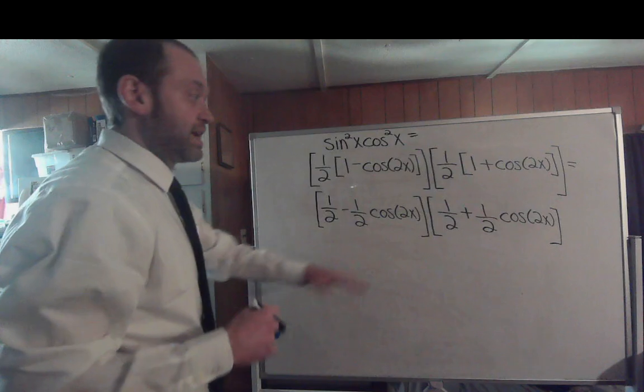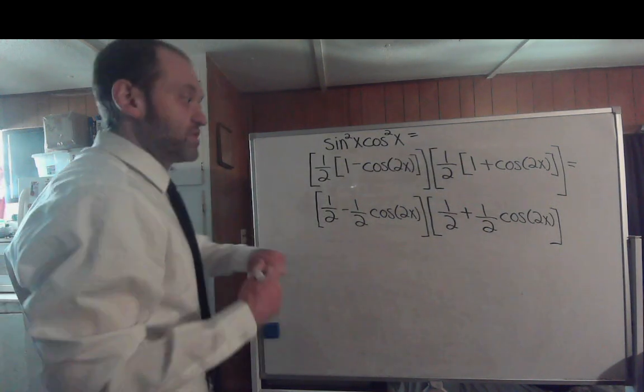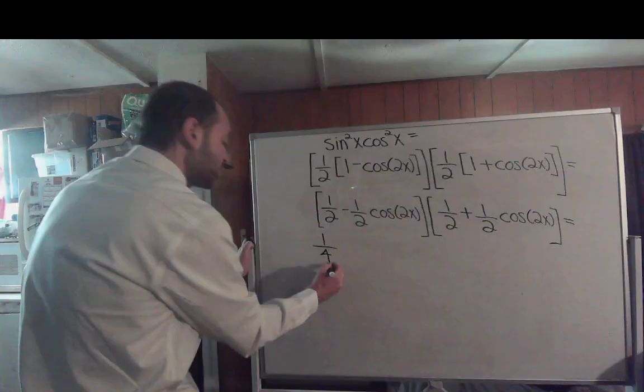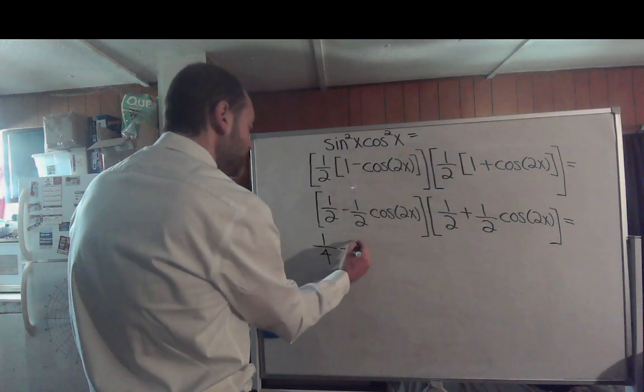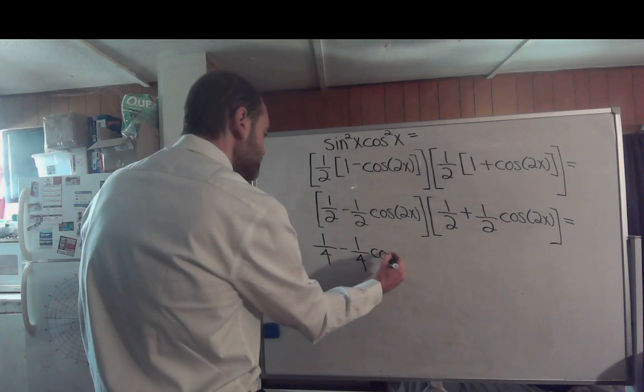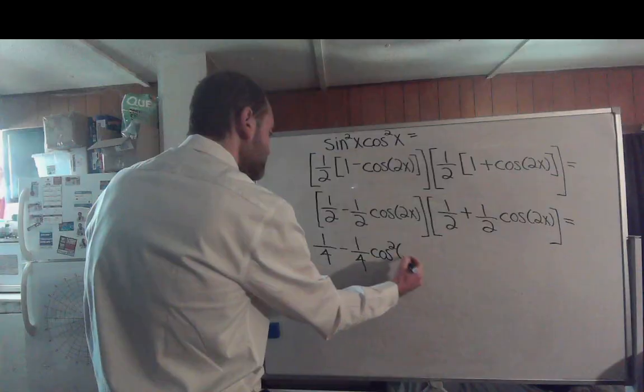Now, as you can see, this is definitely factored as a difference of two squares. So when we go to FOIL, that's what we'll get. We'll end up getting 1/4 minus a fourth of the cosine squared of 2x.